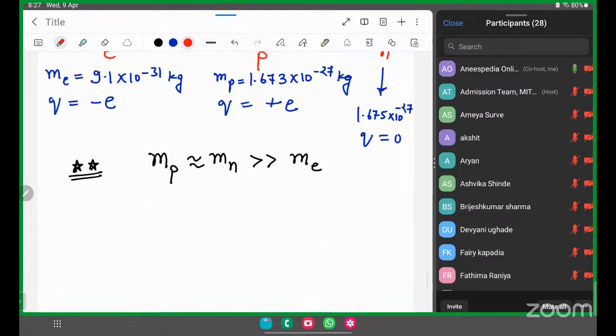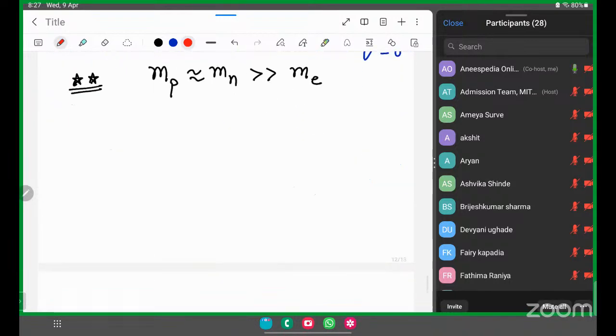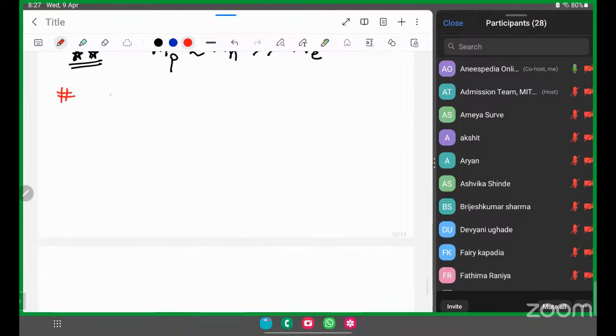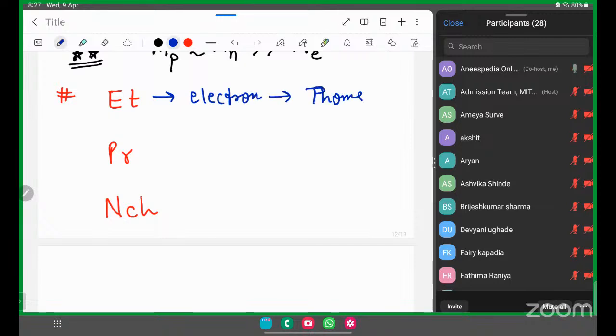Next, it may be like who discovered whom. So we remember it as "eat per notch". E for electron, T for Thomson: electron was discovered by Thomson.